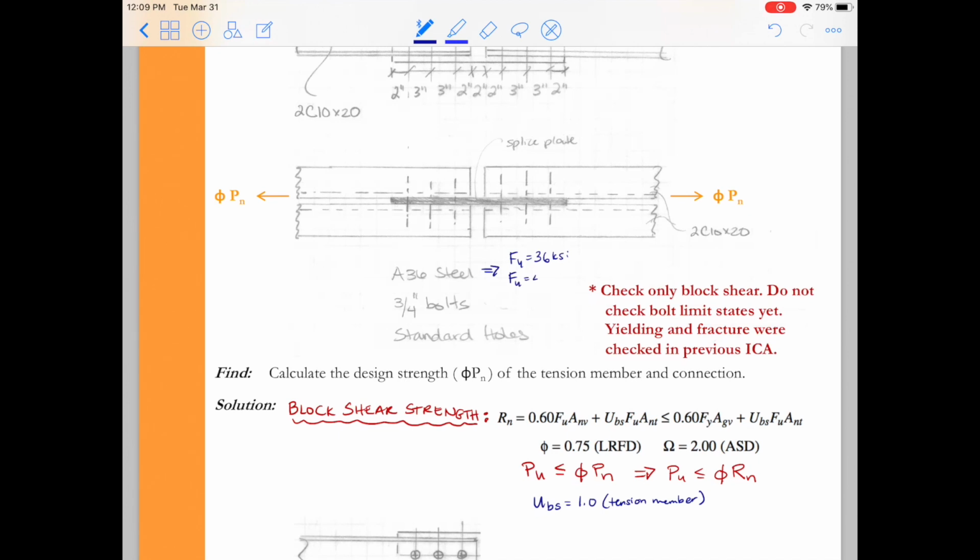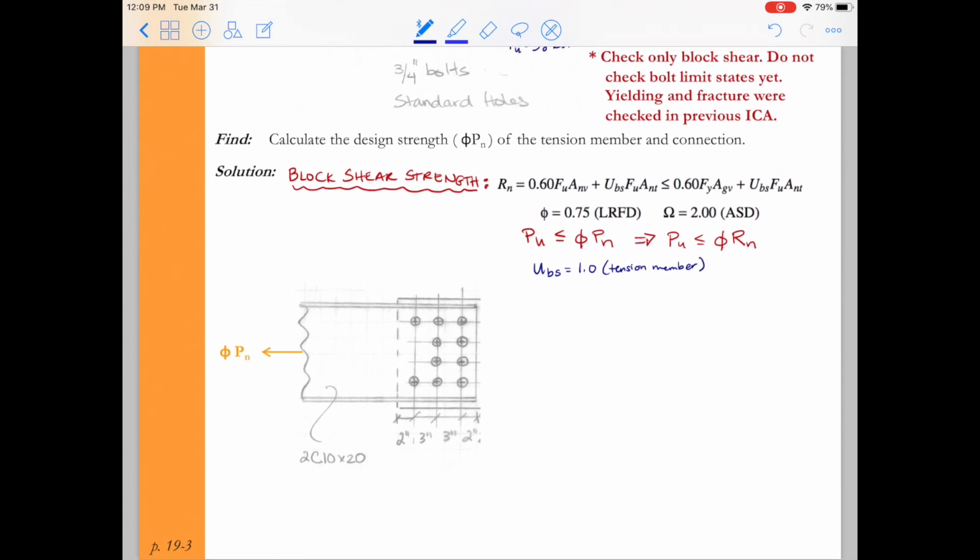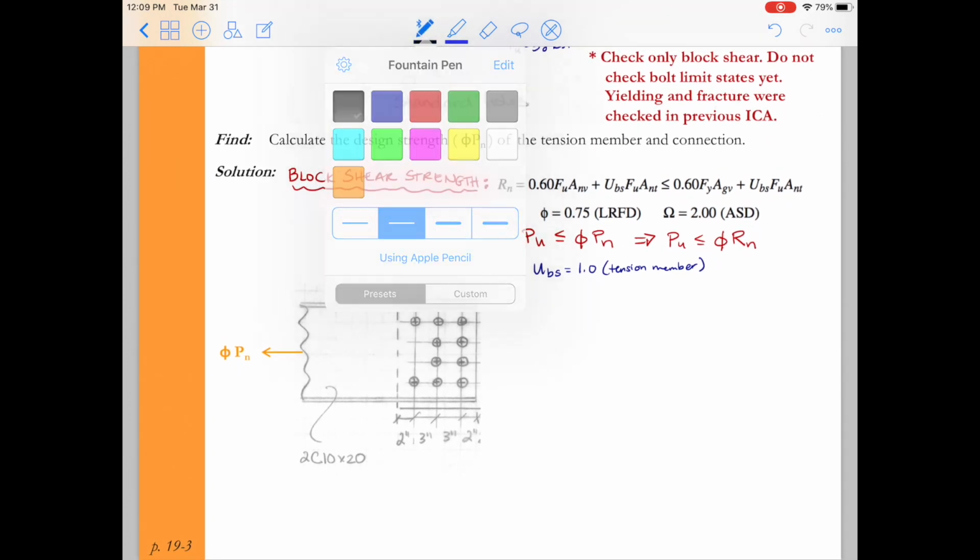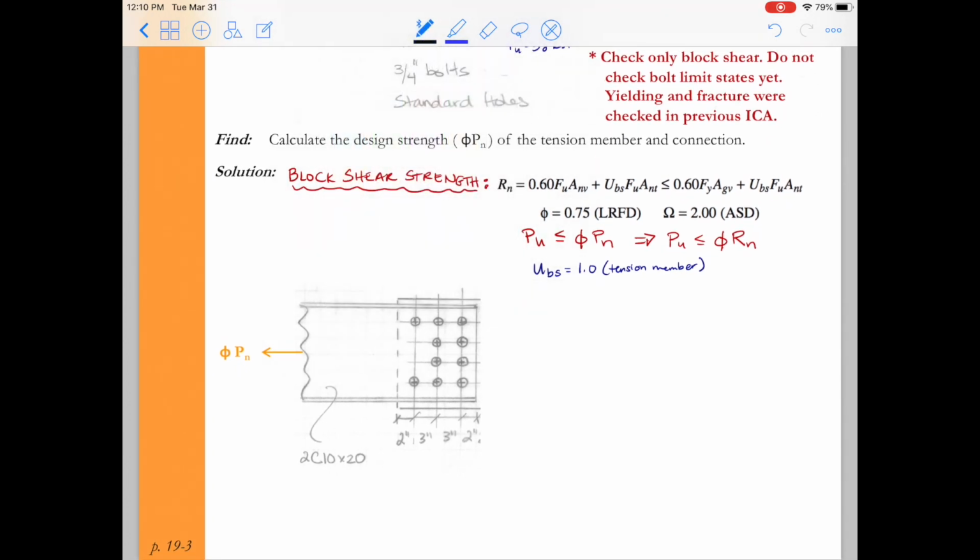Ubs is going to be 1.0 for this because it is a tension member. And again, refreshing our minds, A36 steel has a yield stress of 36 ksi and an ultimate stress of 58 ksi. So let's go ahead and take a look at our first block that we might suspect failure.